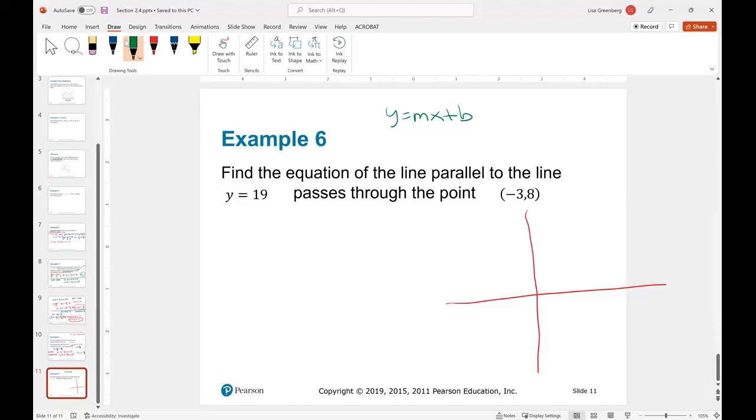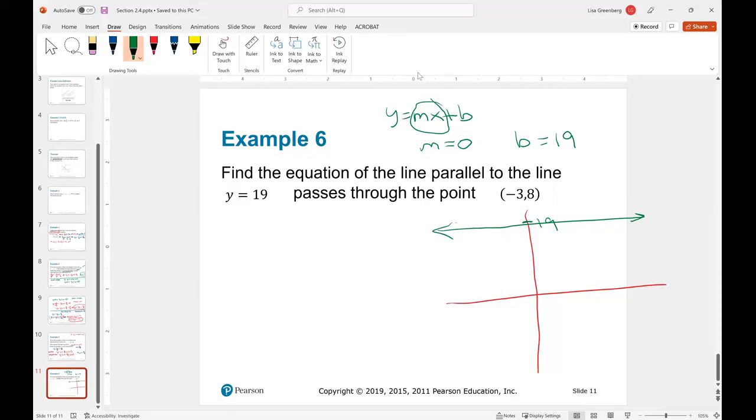This part is gone, isn't it? So that must mean my slope is equal to 0 and my y-intercept is equal to 19, right? So let's say this is 19. And that means I have a line with a slope of 0, which is horizontal.